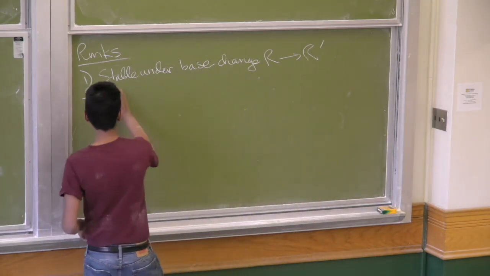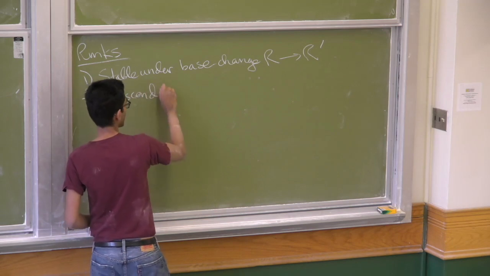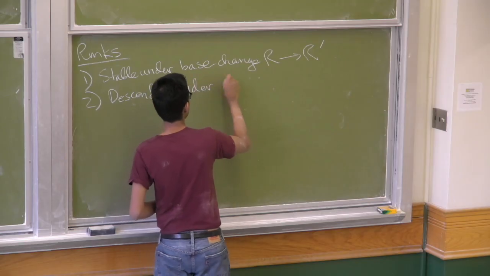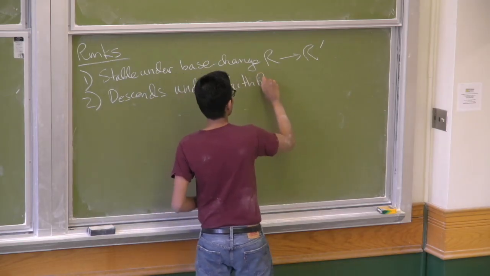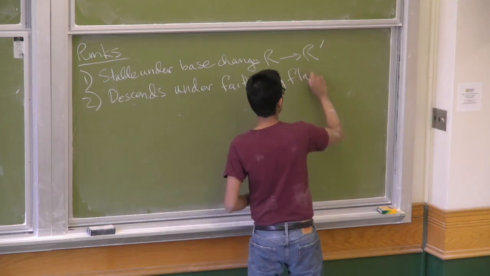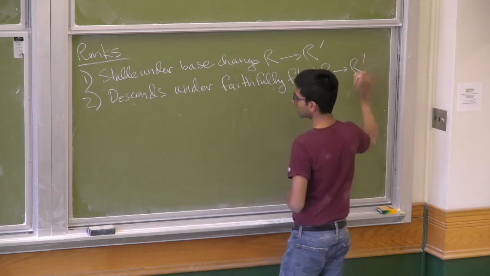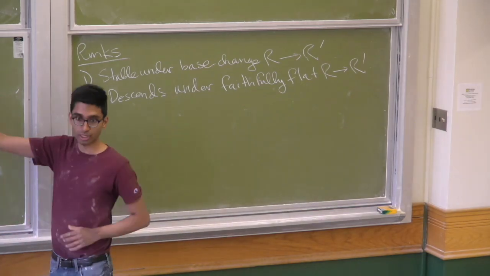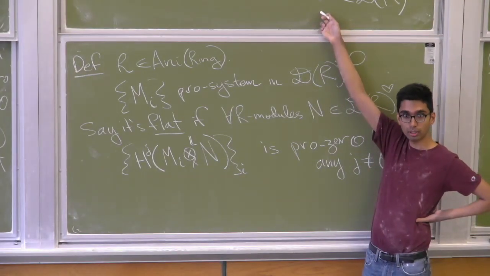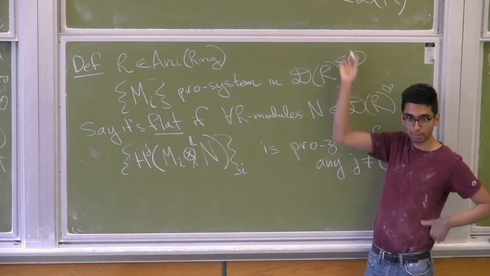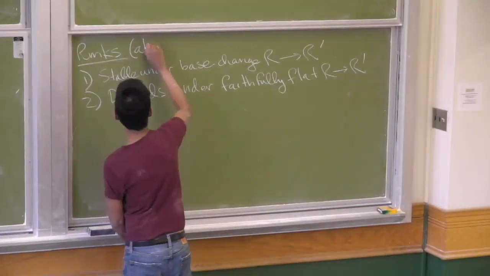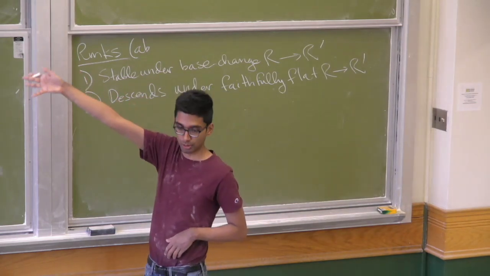So if you have a prosystem over R and you base change it to R prime, then if it's flat over there, it's flat over R. Actually, that was the reason to use the definition that I explained and not the stronger condition. Because if you use the stronger condition, it's not clear, at least not clear to me.